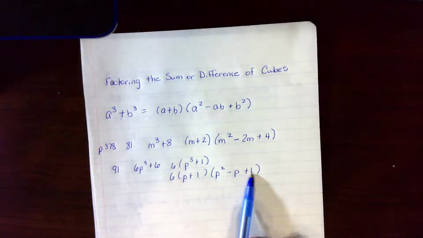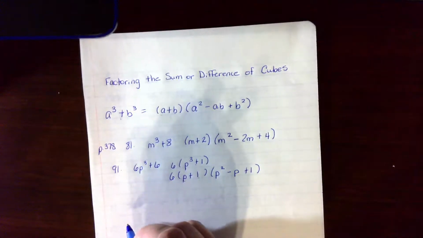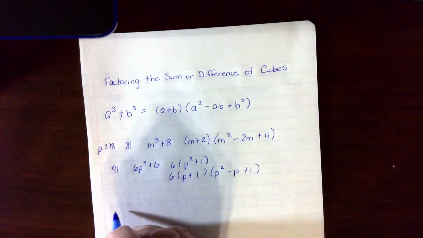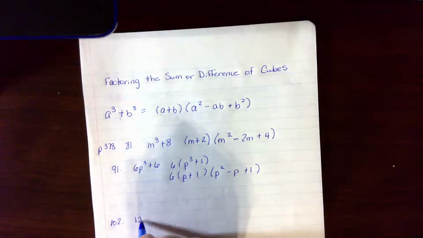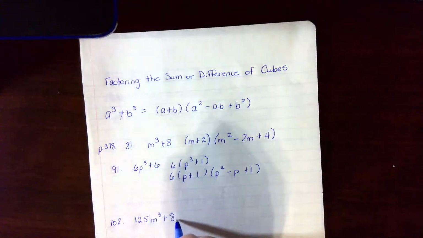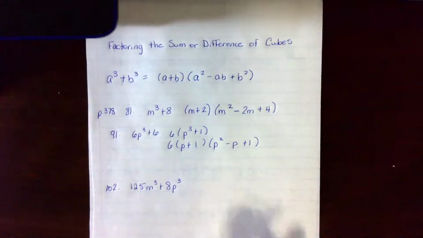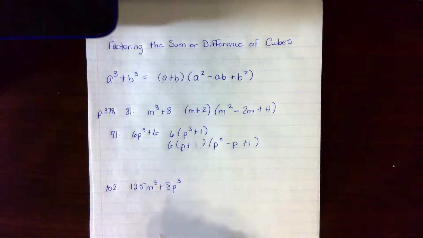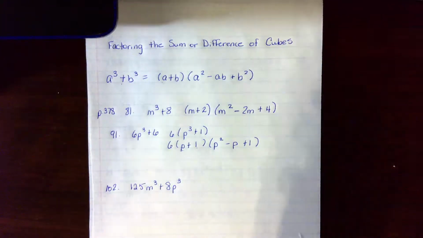All right, let's do one more. Alright, so the first thing I do is to look for the greatest common factor, and there is not one for 125 and 8.